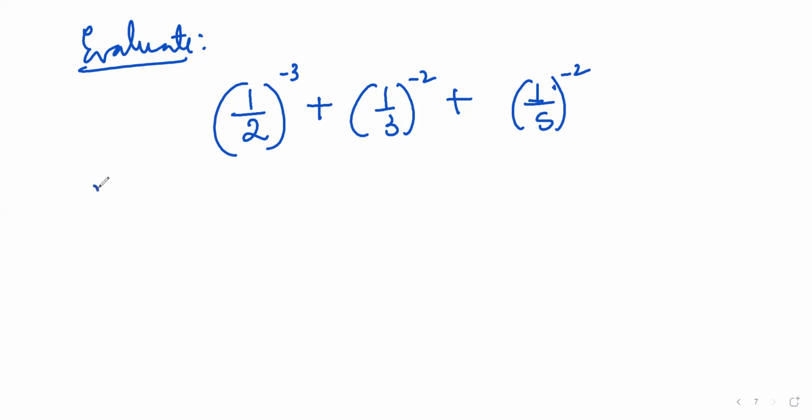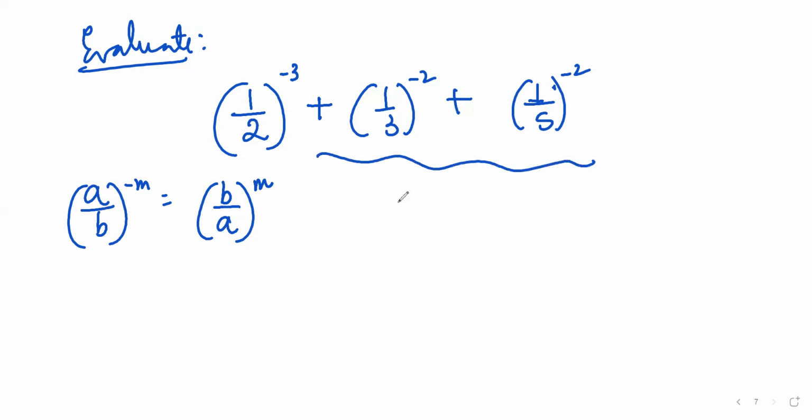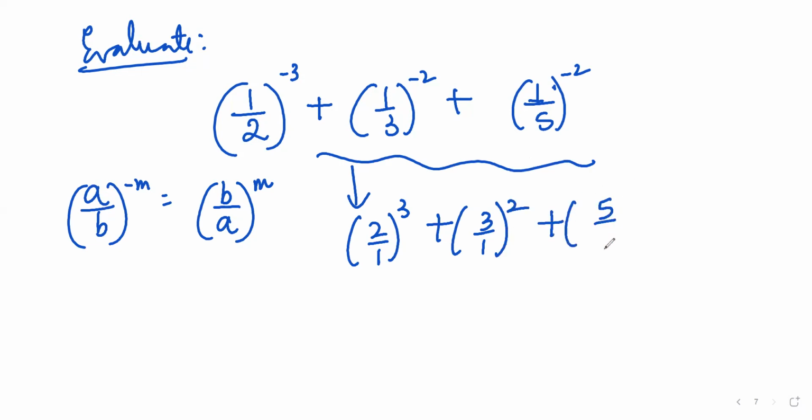Just remember a upon b to the power of minus m is b upon a to the power of plus m. So this expression boils down to 2 upon 1 to the power of plus 3 plus 3 upon 1 to the power of plus 2 plus 5 upon 1 to the power of plus 2.